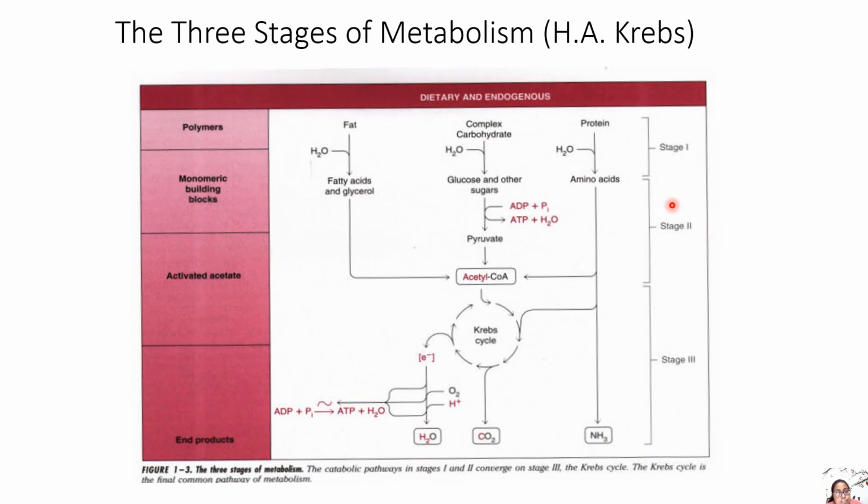So you can see the three stages of metabolism. There are polymers, and they get converted to monomeric building blocks and activated acetate. Then these are the end products.